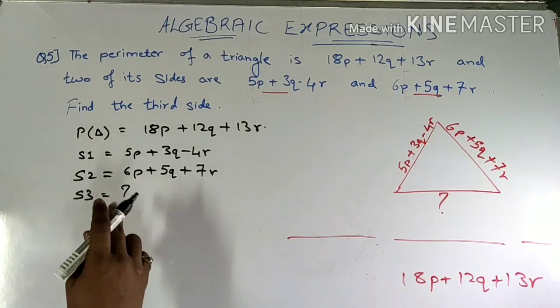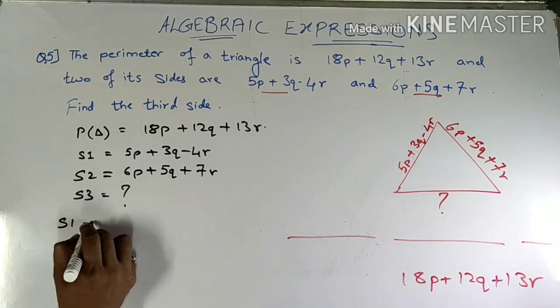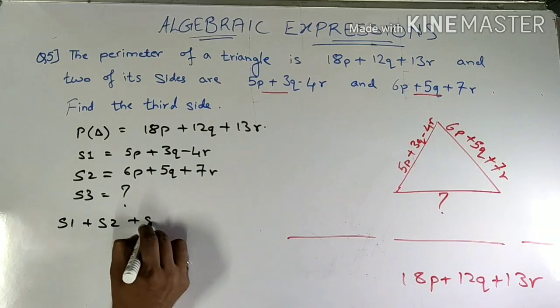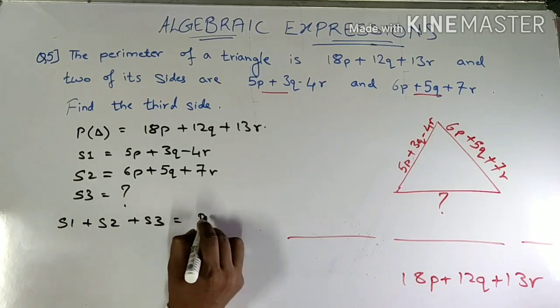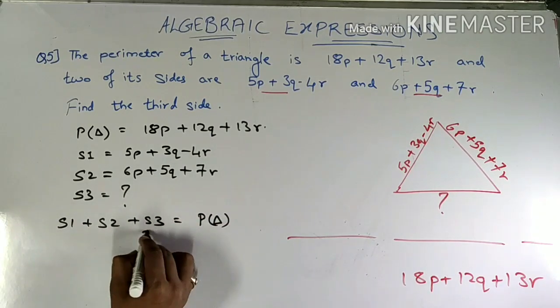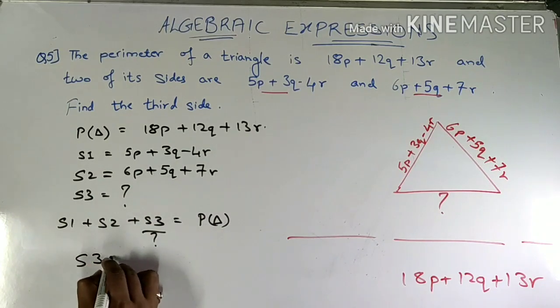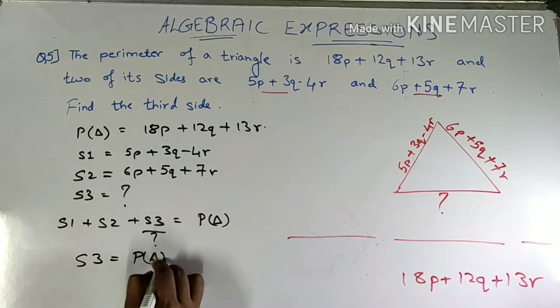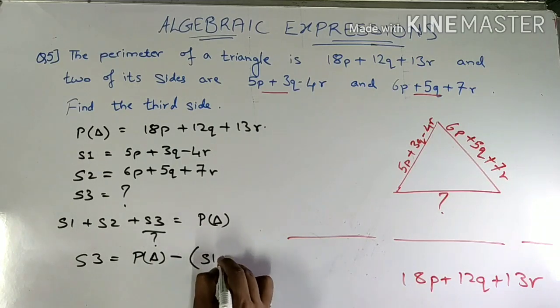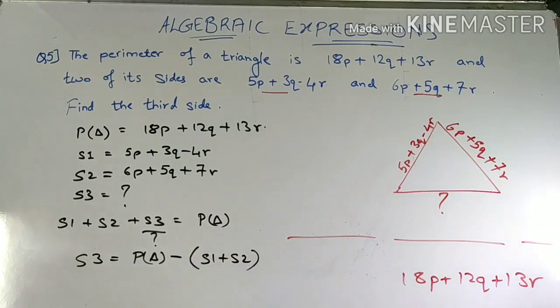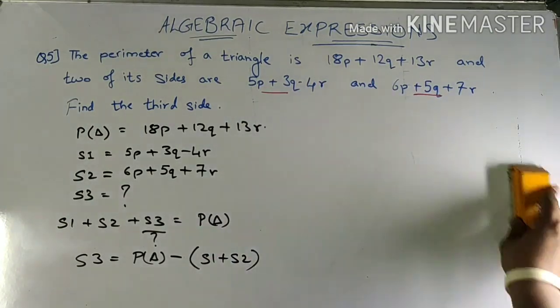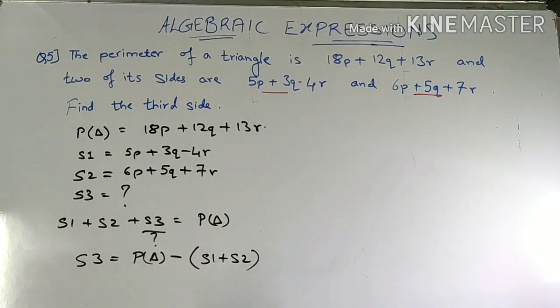We know that side 1 plus side 2 plus side 3 gives you perimeter of triangle. So keeping the unknown on one side, side 3 is equal to perimeter of triangle minus sum of side 1 and side 2. So we will first find the sum of side 1 and side 2 and then subtract it from the perimeter. I hope you understood this very clearly.